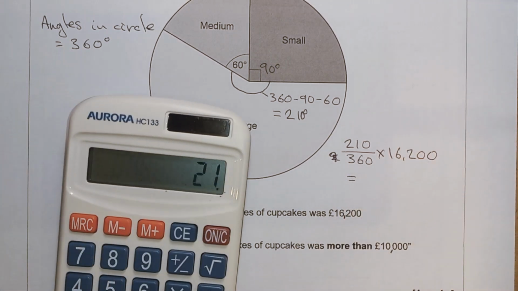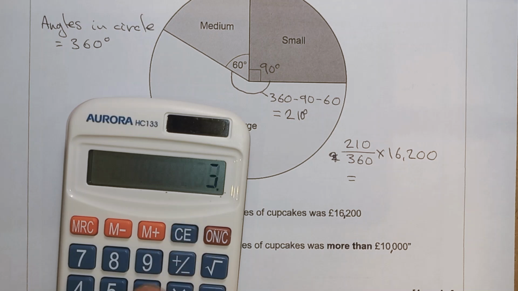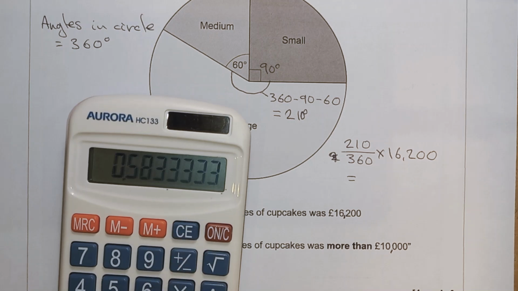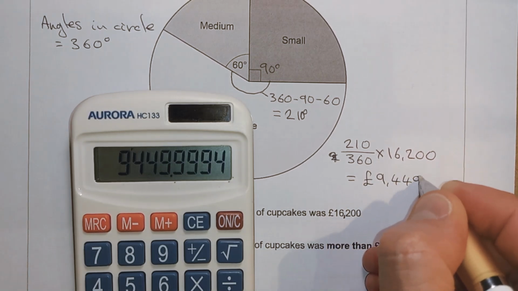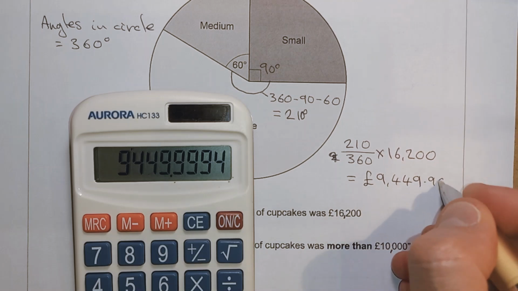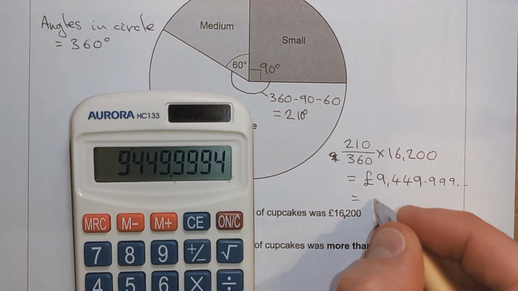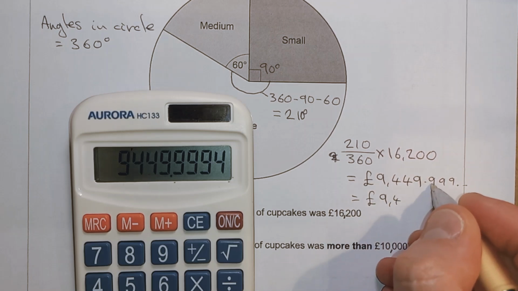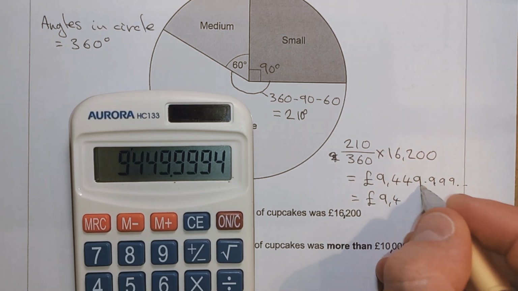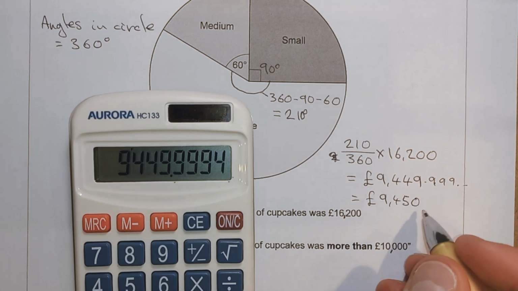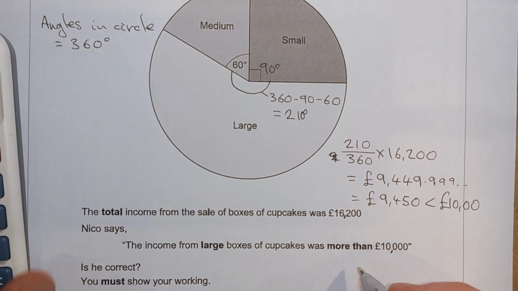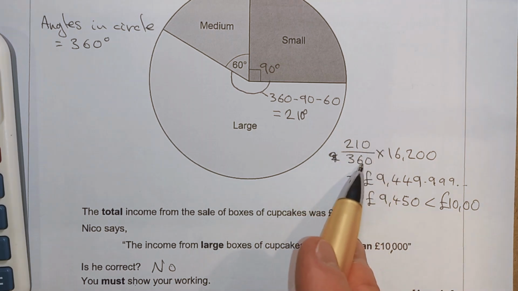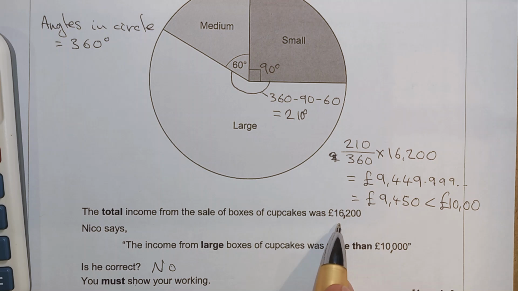Okay, so 210 divided by 360 times 16,200, and we get 9449.999, or in other words, if we round that up, it's going to be 9,450, which is less than 10,000. So we can say, is he correct? No.